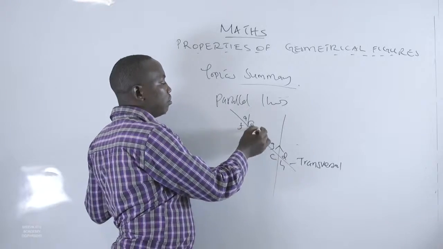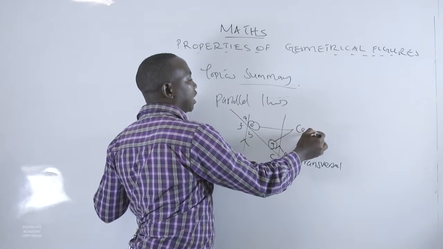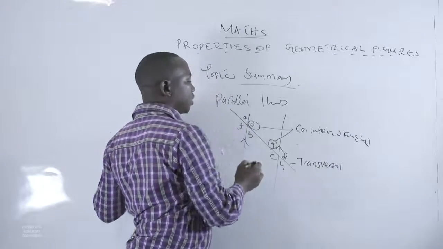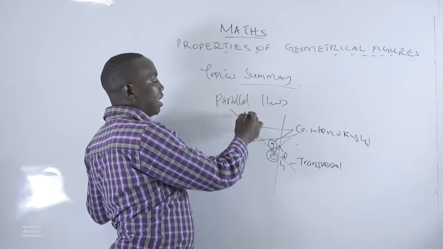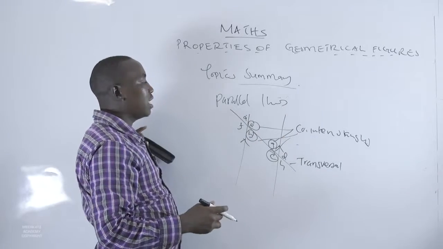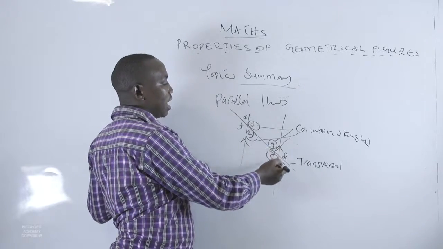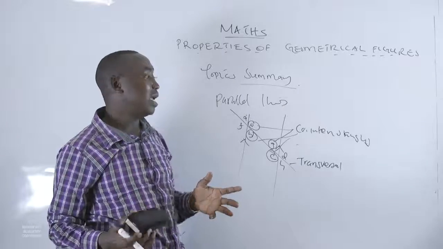For example, E and G, we refer to them as co-interior angles. The same with B and C. A and B, we were able to say that they are vertically opposite angles, while B and G and E and C, we refer to them as alternate angles, and they are usually equal.